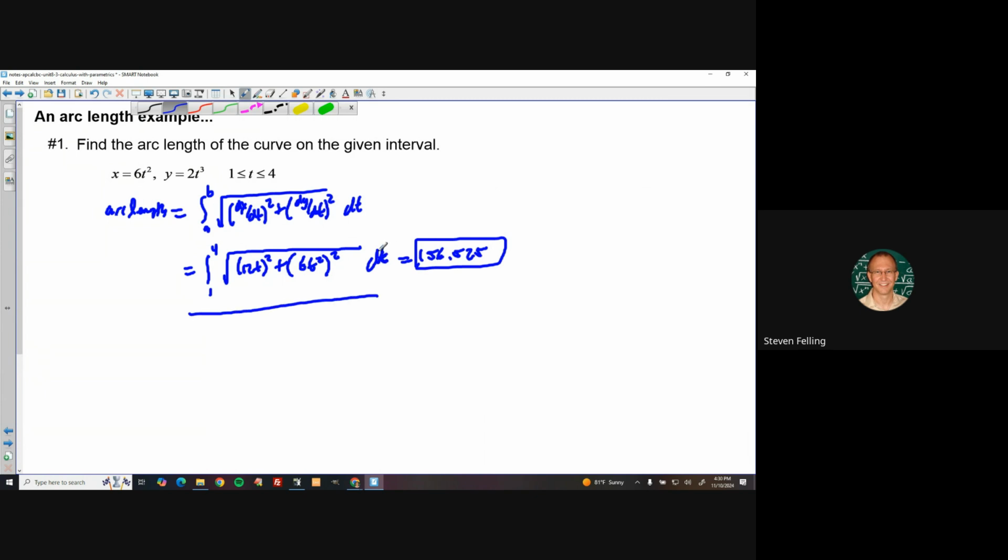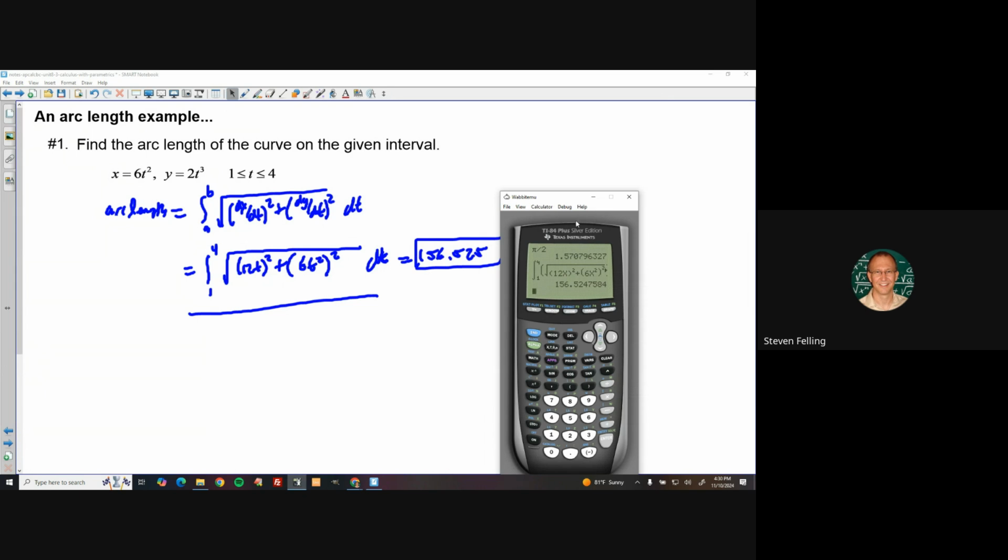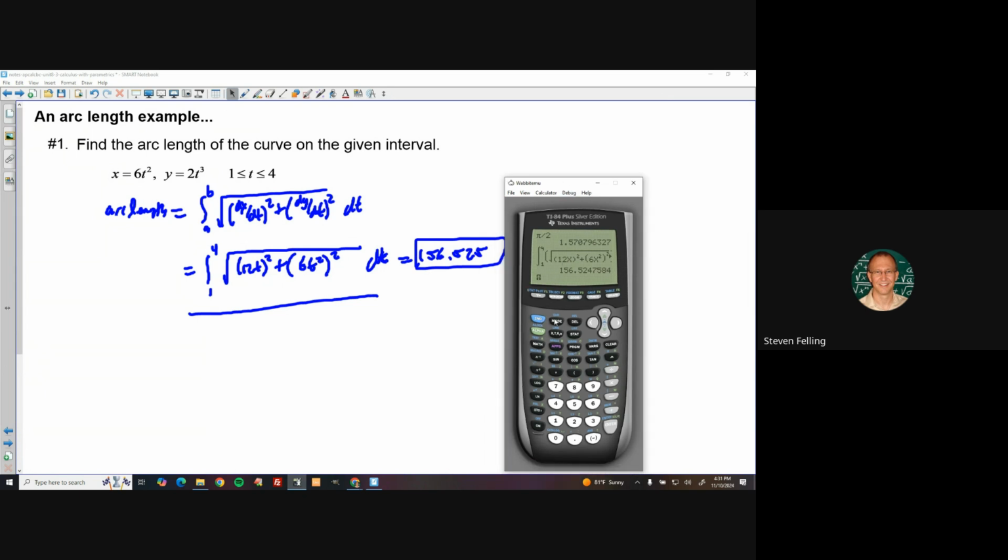All right. Now, let's just graph it real quick and see what this curve looks like. Since this is the only example, the video is pretty short. What if I were to go to parametric mode and graph this function? So that means we clear out what's there.